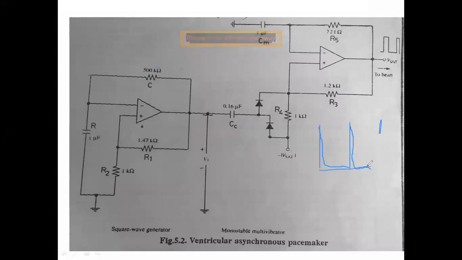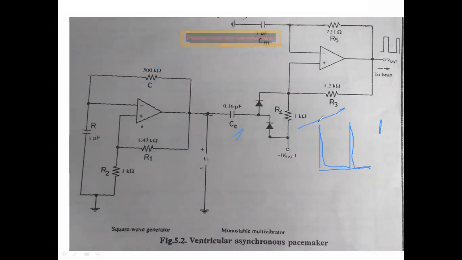Like this, we have the output of the monostable multivibrator. Here is the delay time, TD. The pulse duration is obtained based upon the coupling capacitance CC and the R3, R4 resistors.